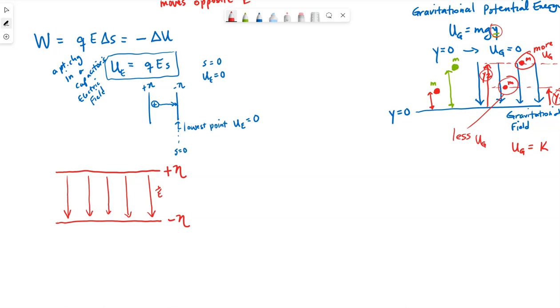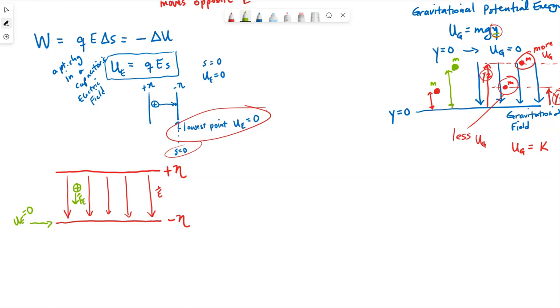Okay. Ultimately, what I was saying about y equals 0 at the lowest point, just defining that as no potential energy, if I'm defining this location as 0 potential energy, yet I have a positive charge in here, I know this positive charge is attracted to the negative plate.